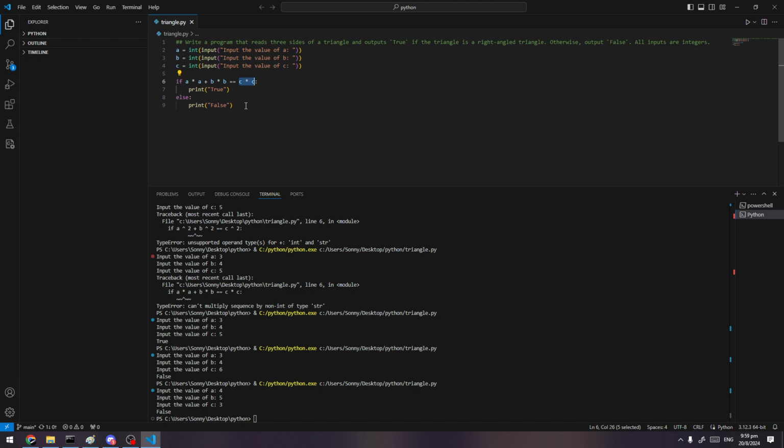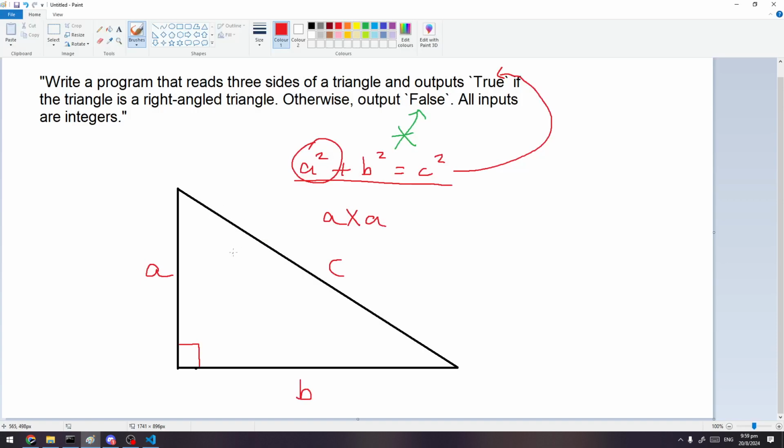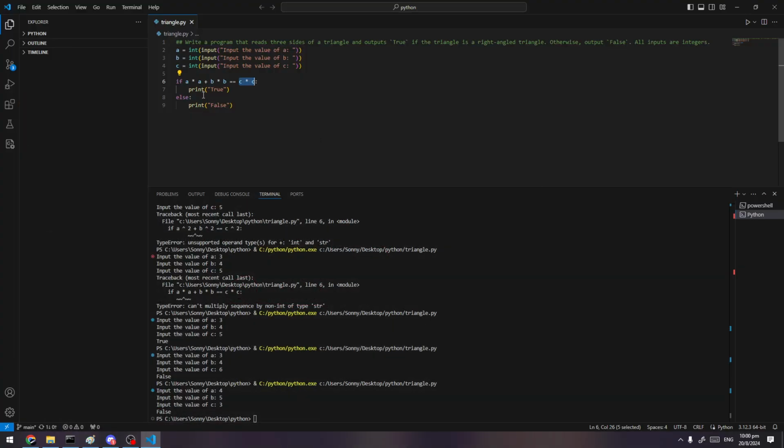Of course, this does not match from the calculation. However, it matches the condition of a right angle triangle. What should we do? We just need to swap the roles, so that a can be the longest side and b can also be the longest side.